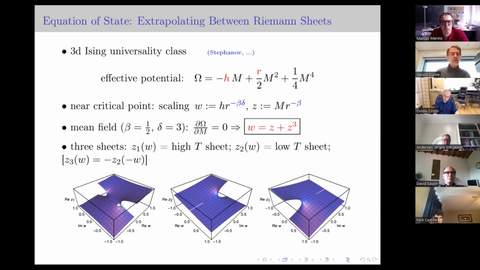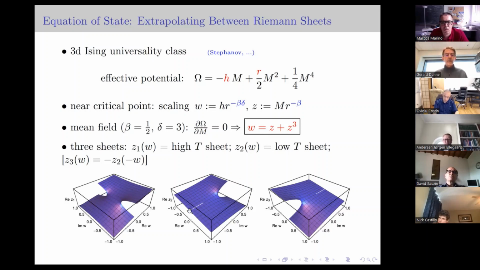We'll refer to it as the high temperature sheet, because that's the region in which these parameters correspond to the phases at high temperature. The next sheet, which I'll call Z2, one of the other solutions of this cubic, is what's called the low temperature sheet. It just has one cut.